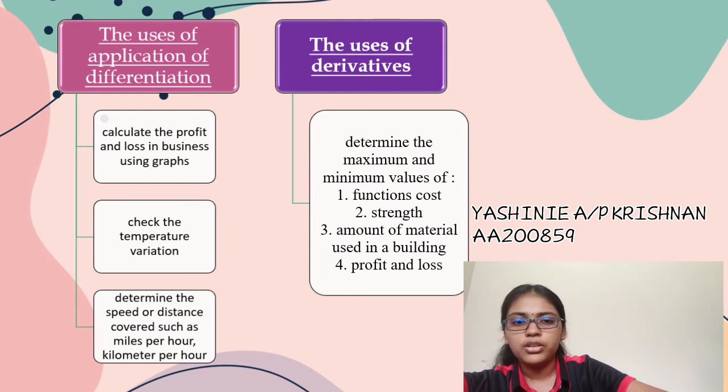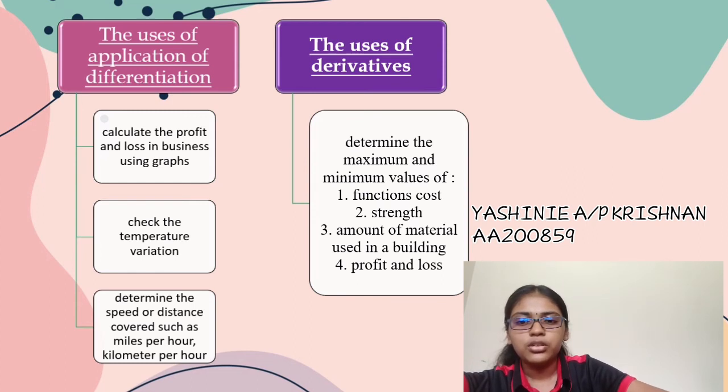Differentiation is very important in many fields and has made great contributions. For example, in economics, differentiation can be used to calculate the rate of change of the ordering and transportation cost. With the application of differentiation, we can calculate the profit and loss in business, use graphs to check temperature variation, and determine the speed or distance covered, such as miles per hour or kilometers per hour.